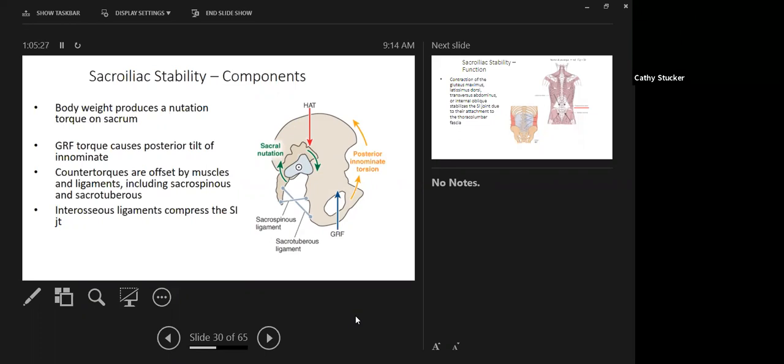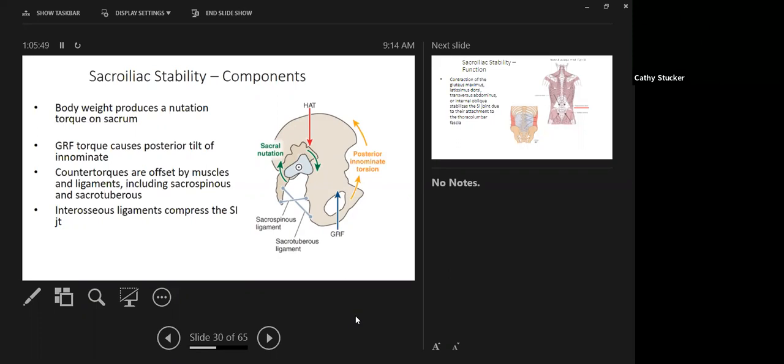Anyway, they're down there on the bottom, and they're getting tight. So that's keeping the sacrum from tilting forward.